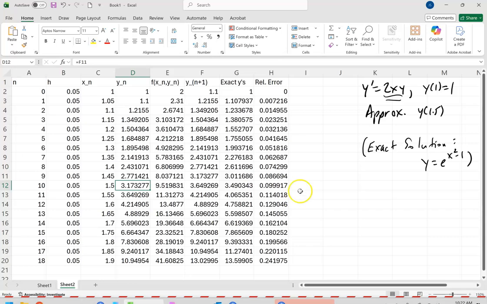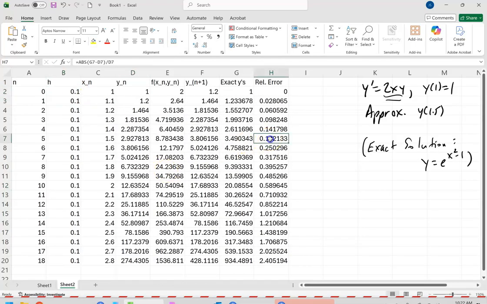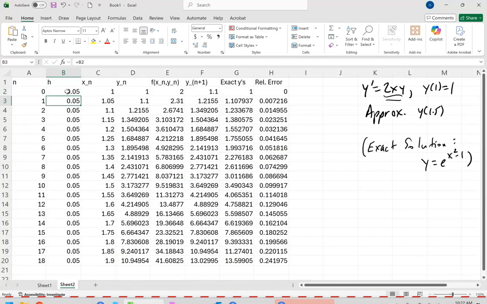And notice that the error is about 10%, but it's better than it was, wasn't it? Previously, if I switch it back over, the relative error was about 20%, 19%. We have the error size, 0.5. We have the relative error.